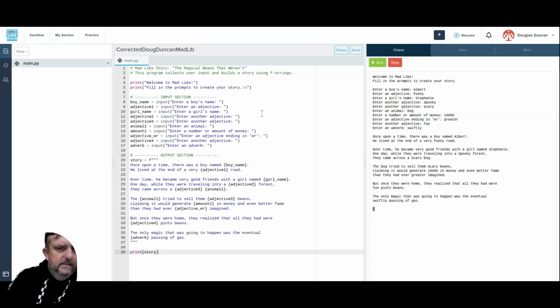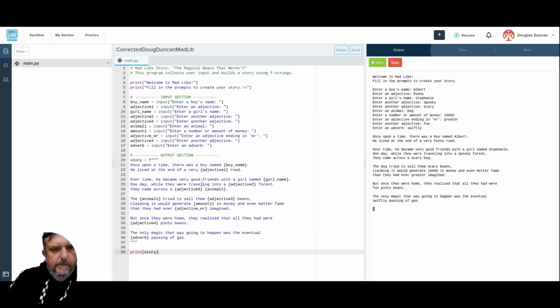And then adjective1, because it's the first of the adjectives given. girl_name, I used that because I wanted a girl's name. adjective2 equals input, enter another adjective, self-explanatory. adjective3, same, as I wanted a third adjective. animal1, input, enter an animal. amount1, enter a number or amount of money, because I do need a denomination there. adjective_er, input, enter an adjective ending in ER. And then adverb, input an adverb, such as something that ends in ly.